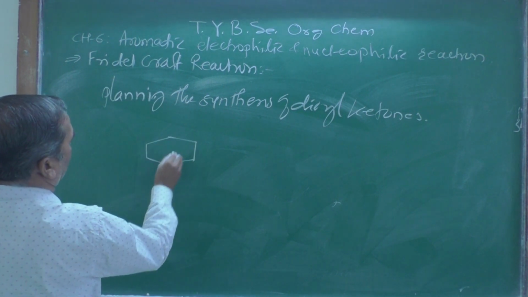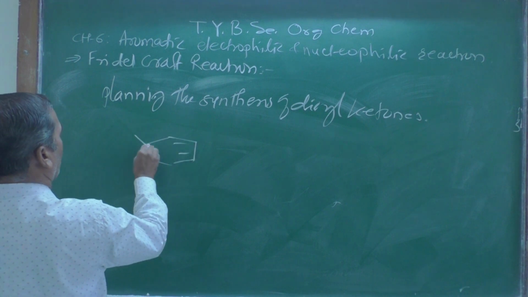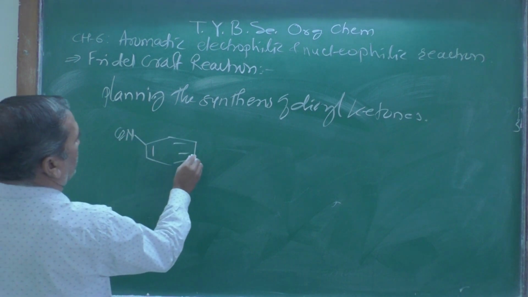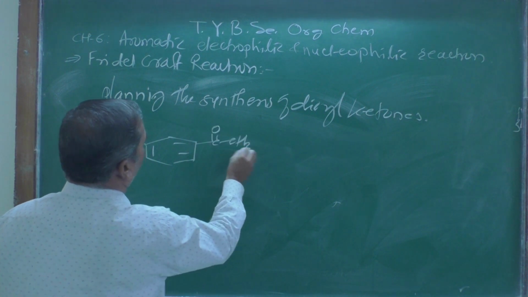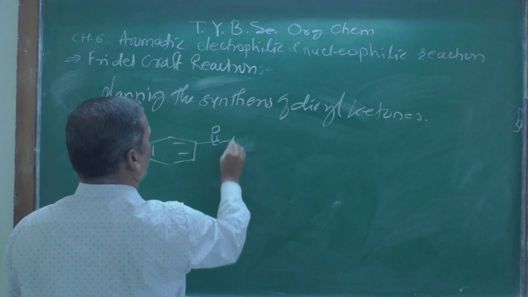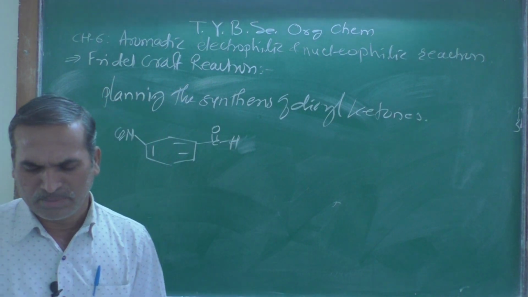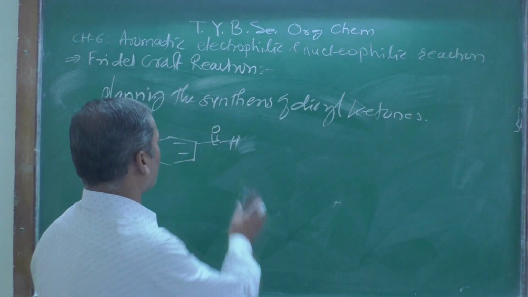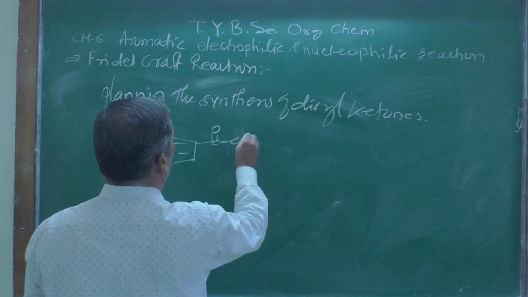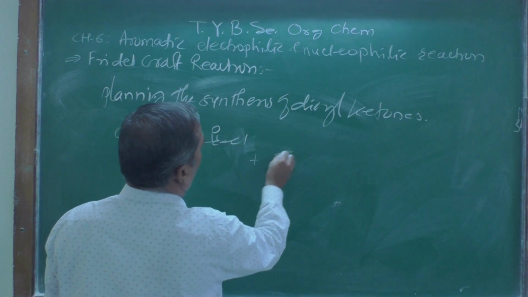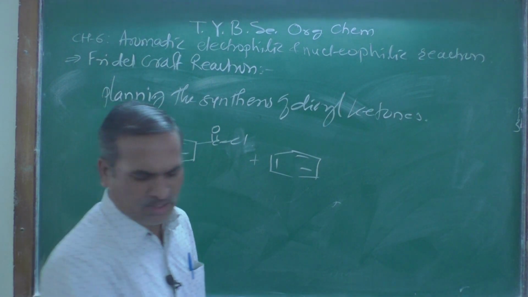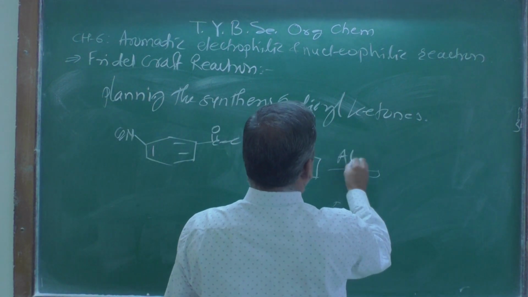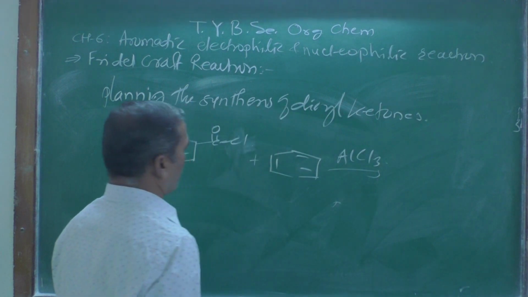Here is a starting compound, O2N, and C double bond O, here you can take as H, that is a benzoyl chloride, and then take another compound, benzene, and if it is treated with AlCl3, what is going to happen?